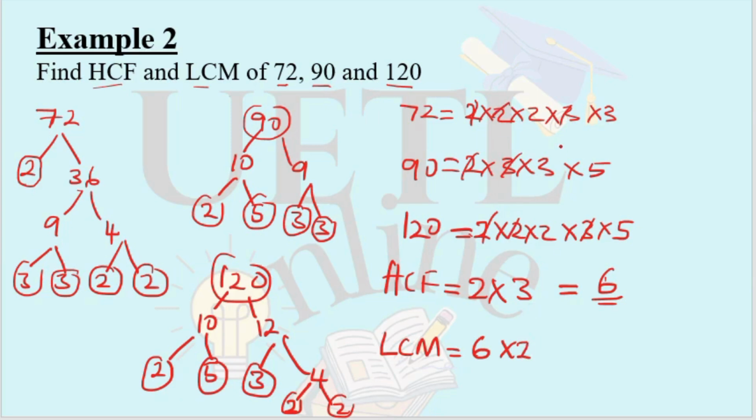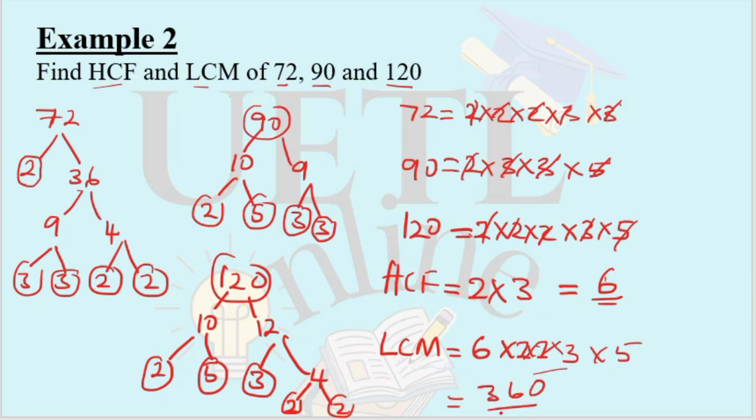We have 3 again. 3 is common here and here, so it becomes 3 here. Then we have 5 and 5, so it becomes 5 here. Now we multiply 6 times 2 times 2 times 2 times 5. This will require a calculator maybe. The answer is 360. This will be our lowest common multiple.